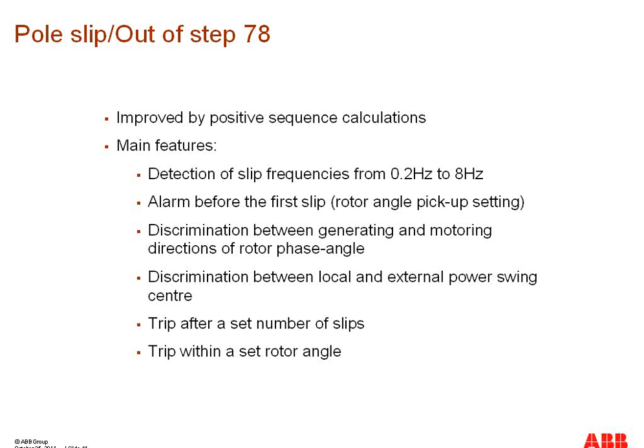It should discriminate between local as well as external power swing centers, and it should trip after a set number of slips, and at that time a set rotor angle to satisfy the trip condition.